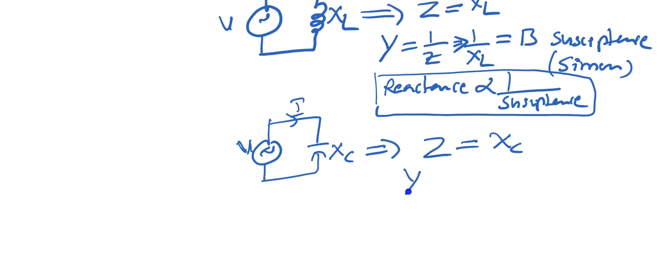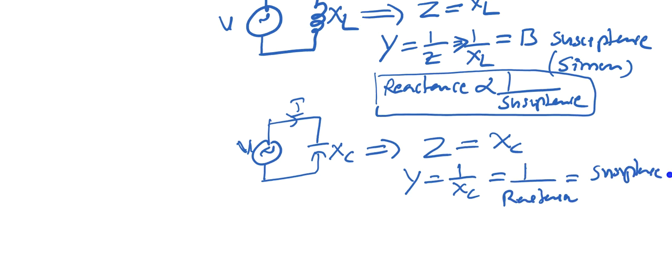If you want Y, again write 1 by Xc. 1 by this reactance is nothing but susceptance. So whether it is capacitive reactance or inductive reactance, reactance is the common term, and we can call its reciprocal susceptance. You can say B, and the units are measured in Siemens, isn't it?